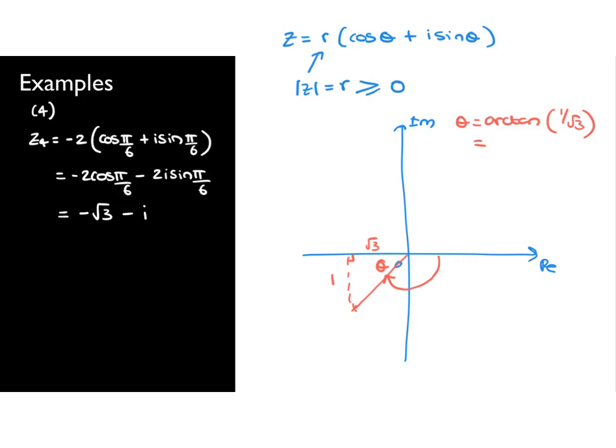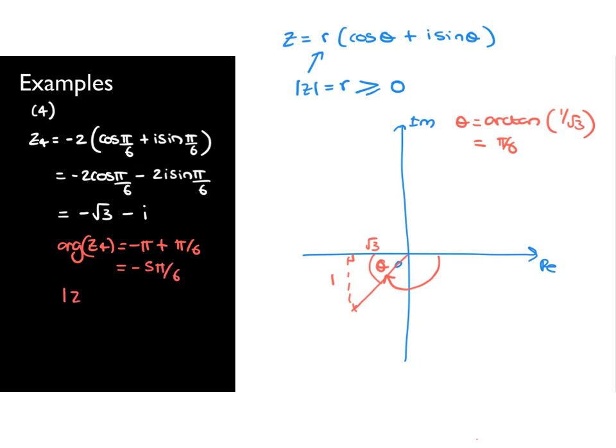So that comes to a value of pi by 6. So this angle here, of course, remember we need to work out negative pi plus the value of theta to get the correct argument. So the argument of z4 is equal to negative pi plus that value pi by 6, which is negative 5 pi by 6.